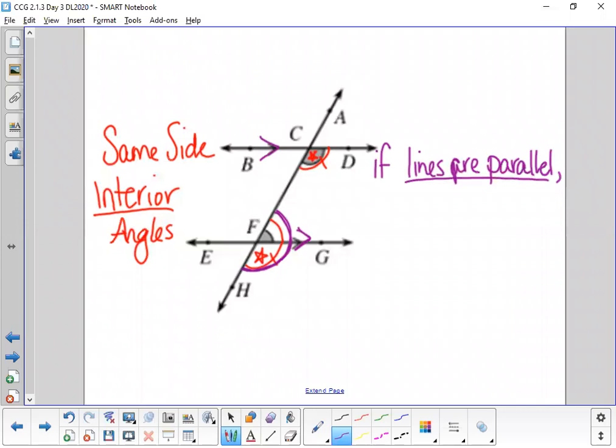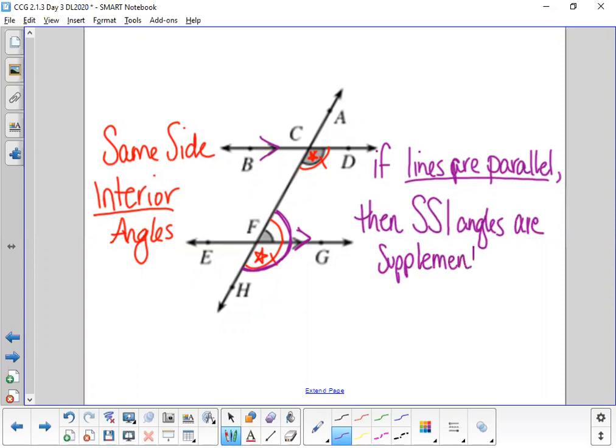So if my lines are parallel, then my conclusion, I can say that my same side interior angles, well, this time they weren't congruent, they were supplementary. All right, so the other pair, it asked you to highlight the other pair of same side interior angles. It would be those two angles.